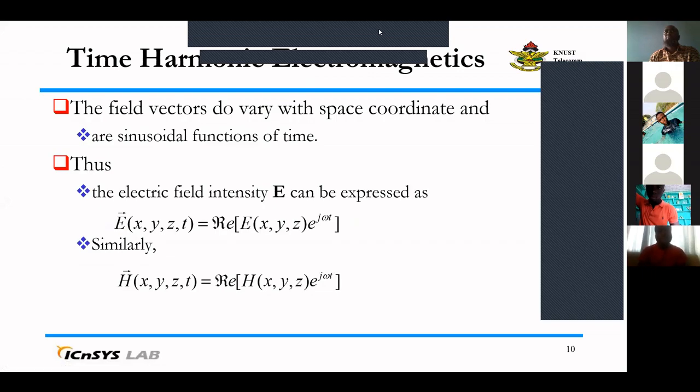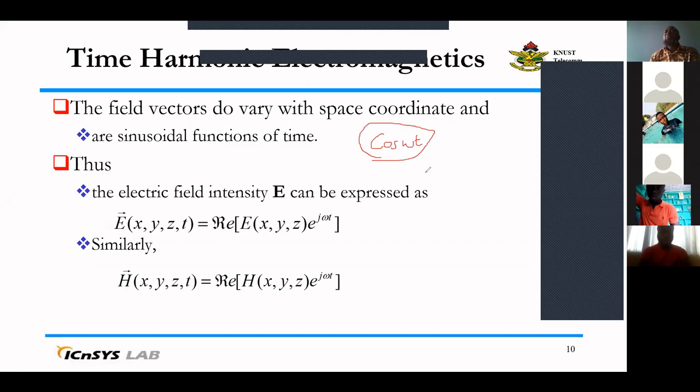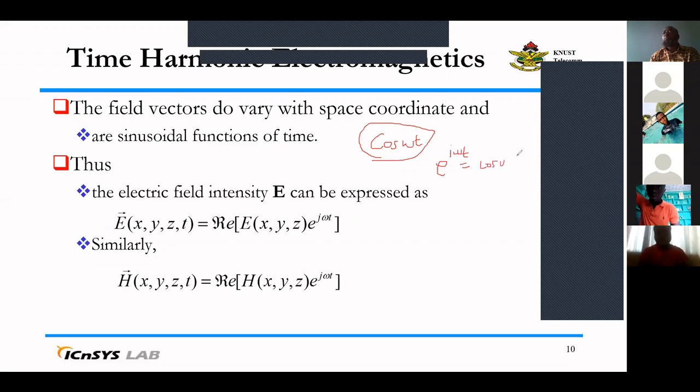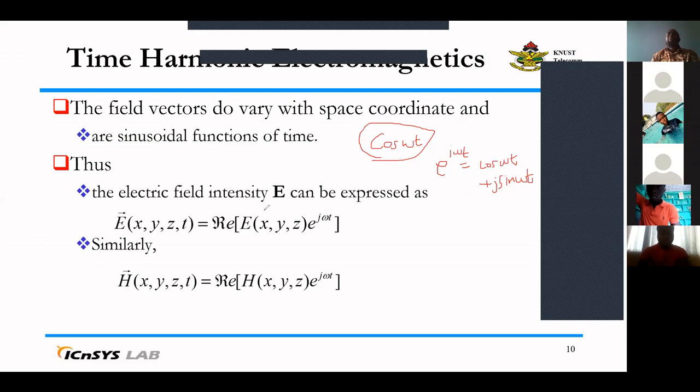Now, this cos omega t here is the real part of what? e to the j omega t. Because e to the j omega t must be equal to cos omega t plus j sine omega t.